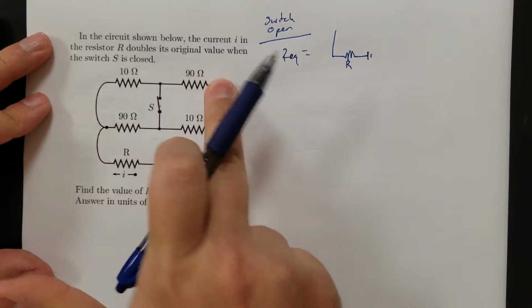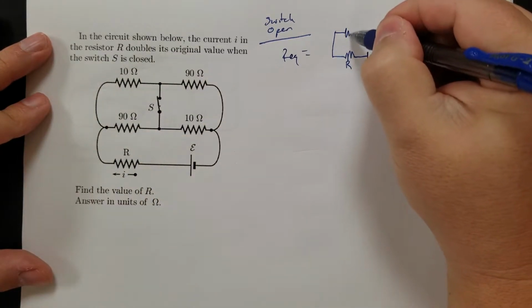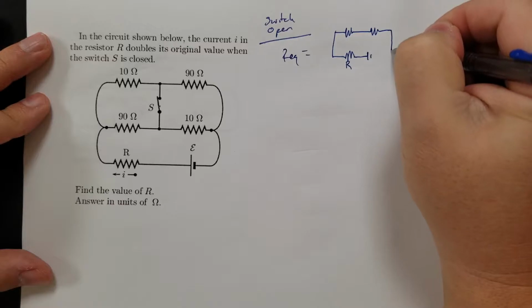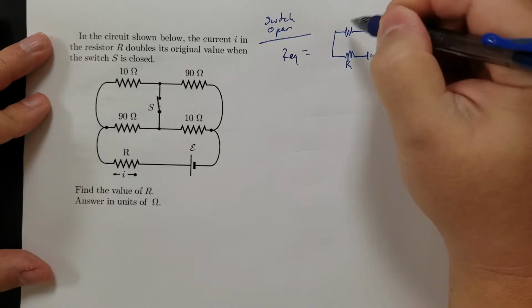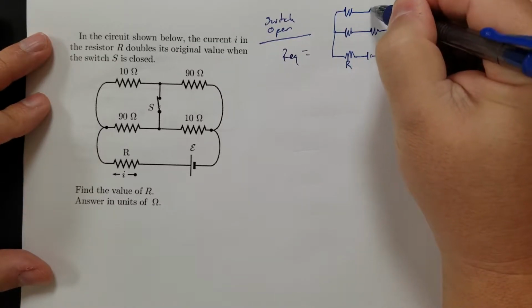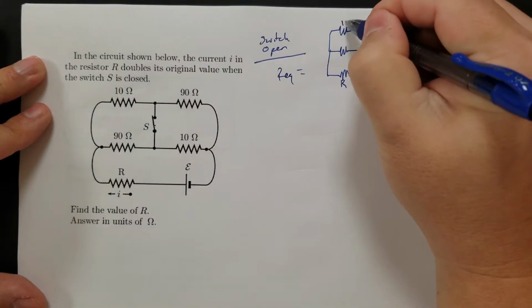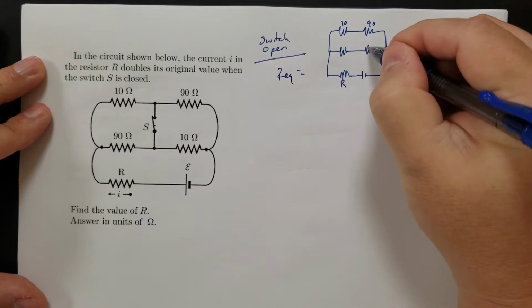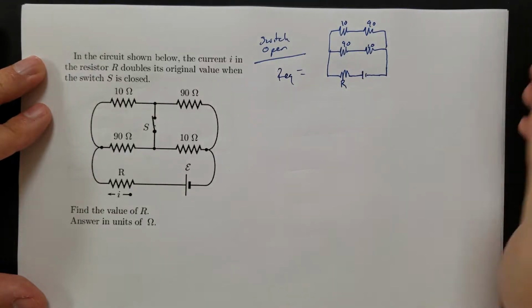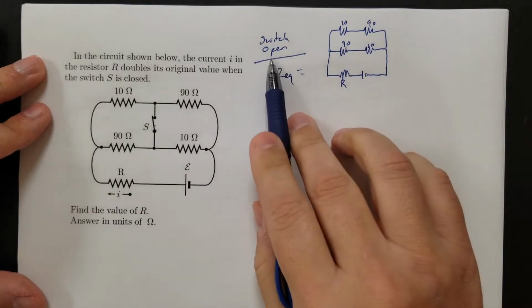So it's just like two things that are in series with each other. So here's one, and here's the other. Like that. All right, and so what is it? This is 10, that's 90, that's 10, that's 90, right? So when the switch is open, it behaves like this.